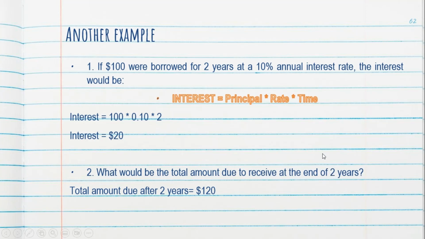So now I'm asking for the combination of the principal plus the interest. So the total amount due after 2 years is 100 plus 20 equals 120. All right. This example is identical to the previous one, but I just changed the numbers a little bit.